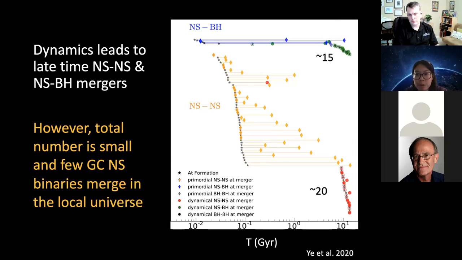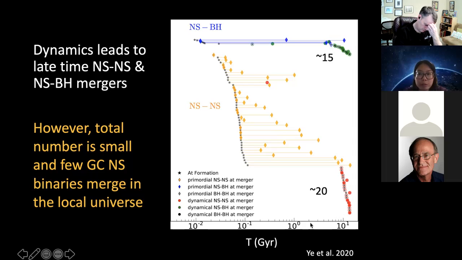Most of these mergers happen at the late times of a cluster's evolution, so they can potentially be observed by LIGO and Virgo. But it is also very obvious from this plot that the total number of mergers is very small. So these are the numbers in 144 simulations.